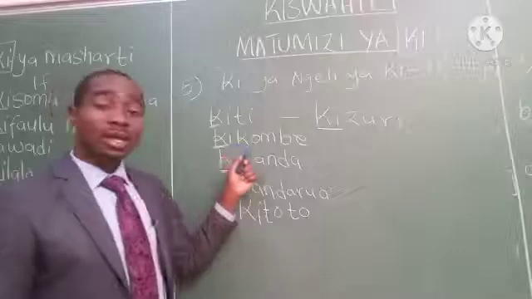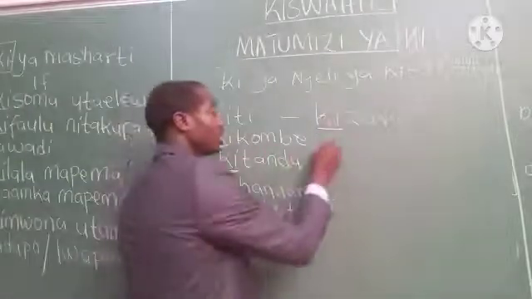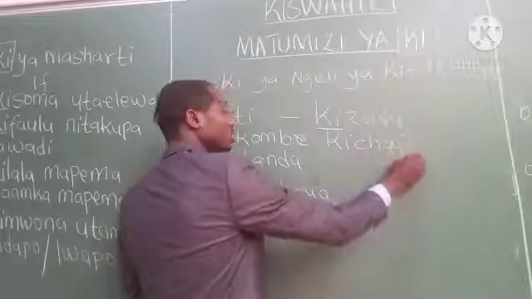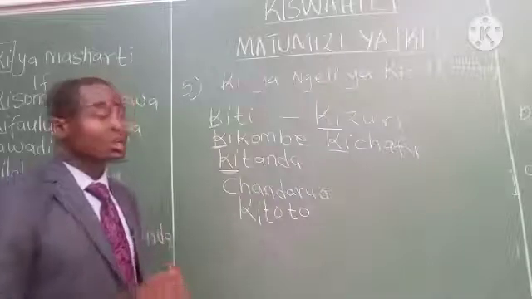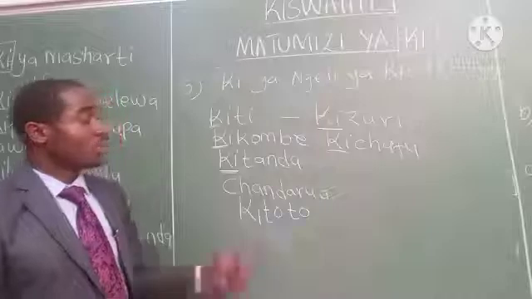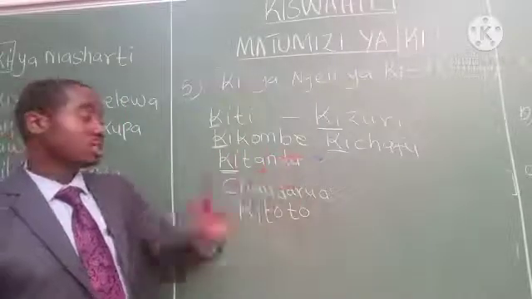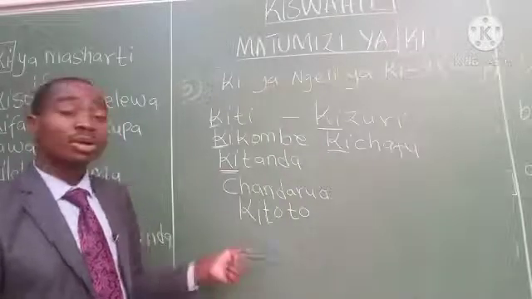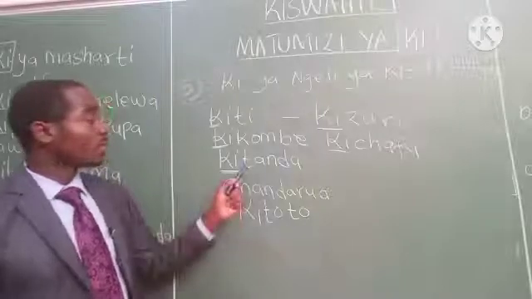So kikombe kichafu, a dirty cup. Kikombe kichafu. You see? Now, that's why I say these nouns are agreeing with ki on other words, like this kikombe kichafu, a dirty cup. If it's a person, mtu mchafu, a dirty person.